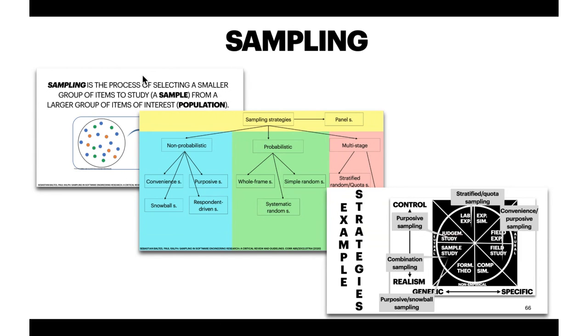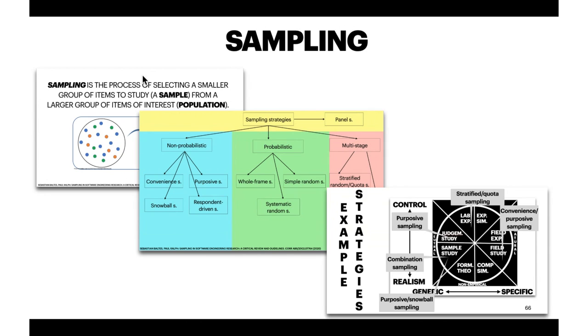We have also seen that those probabilistic and non-probabilistic elements can be combined in different ways. We have seen several examples such as stratified sampling or quota sampling. We have also seen cluster sampling, essentially depending on what kind of elements we combine and how those series of decisions influence each other.